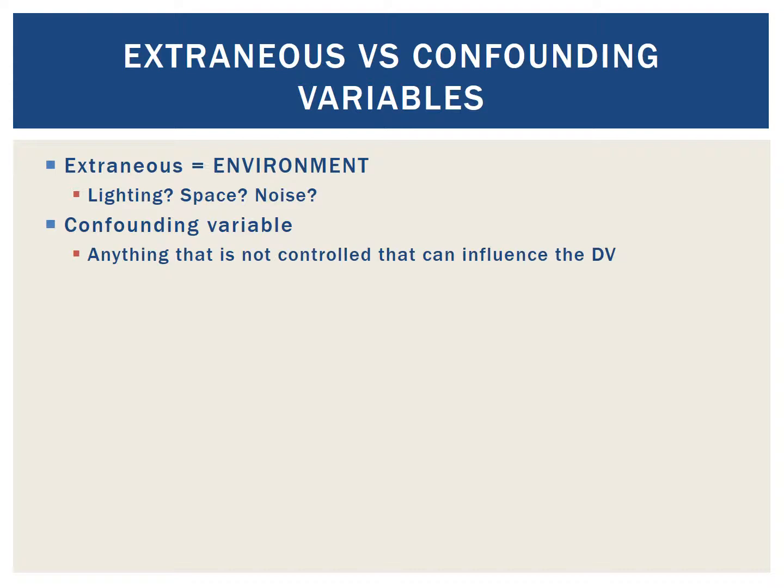Well, if our condition in the morning is always the function-based reinforcer identification method, and if morning is when basketball is being played, the basketball noise level in the gym is a confounding variable because it's affecting one of your conditions and not the other. So it can influence the dependent variable. Let's say the dependent variable is on task, percentage of intervals on task, and work completion, a permanent product measure.